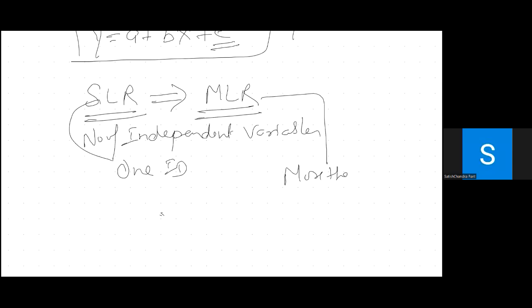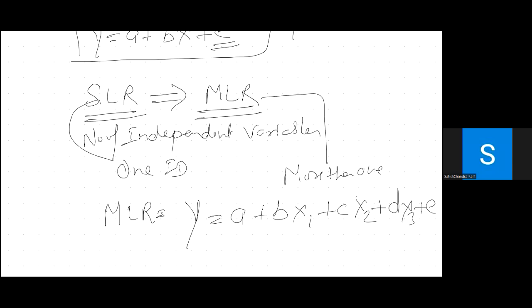In case of MLR, more than one. So how can we depict the MLR? Multiple linear regression can be depicted as y equal to a plus bx1 plus cx2 plus dx3 plus error term, right?